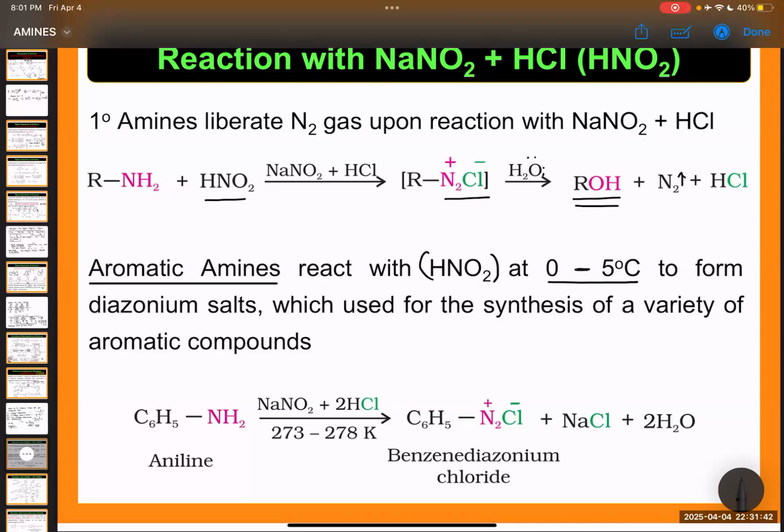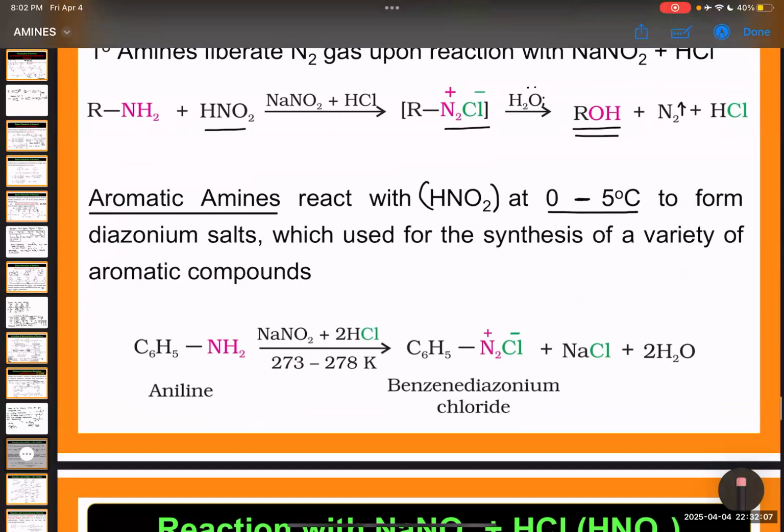There was a question in NEET where they gave that the primary amine reacts with NaNO2 plus HCl at 373 Kelvin. Everything was correct except one thing. 373 Kelvin is 100 degrees. That was wrong. At 100 degrees it will actually break. Okay, you need to hold on to this. So for that, you need to keep the temperature at 0 to 5.